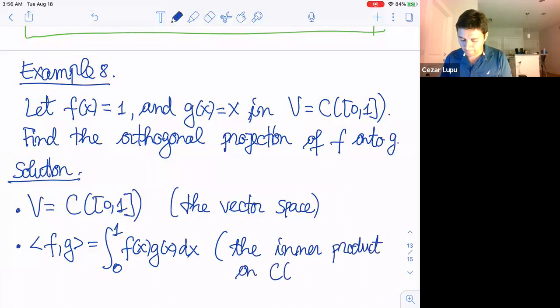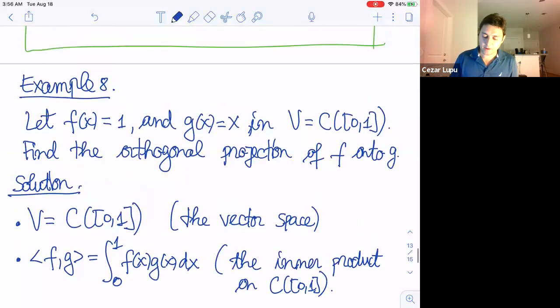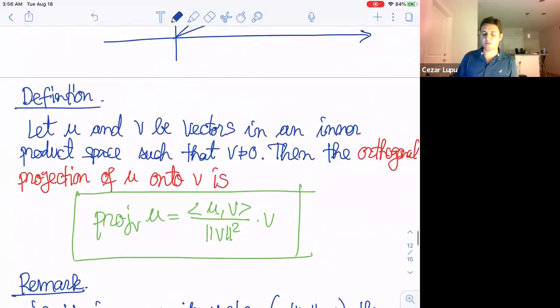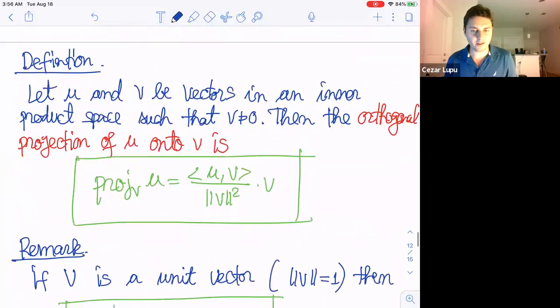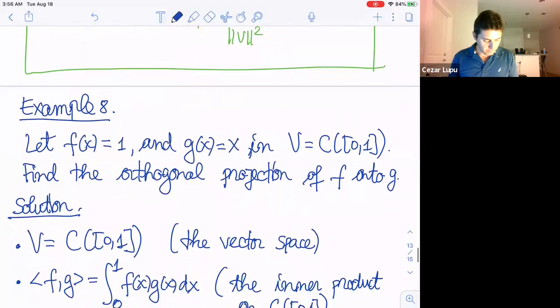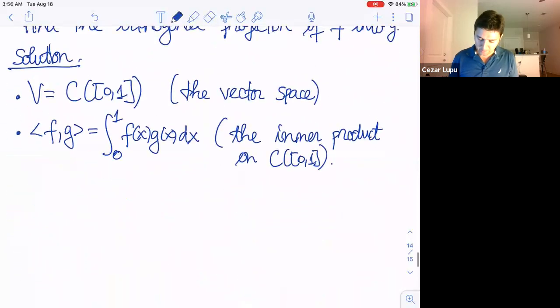Now, look at the formula. We're going to use this formula, the definition, to find the orthogonal projection. Let's see, what do we know? We need the inner product between f and g.